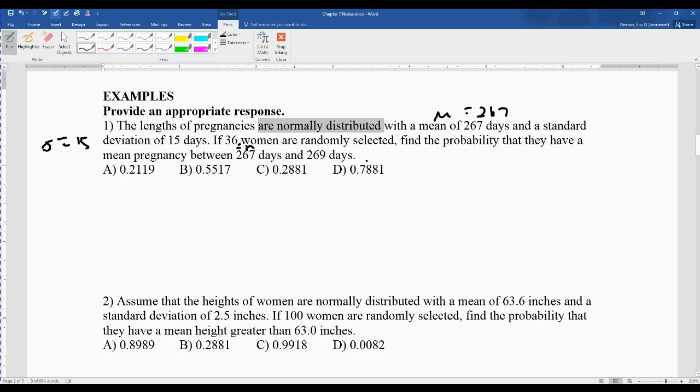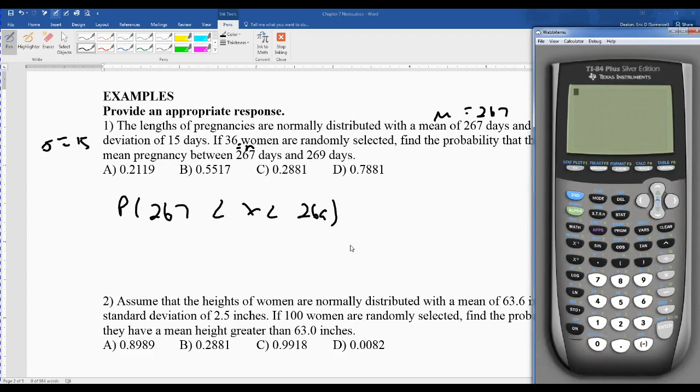Before we would just have a single woman being chosen. Now it's 36 women. We're going to find the probability between 267 and 269. And the way I do this is with z-scores, because all of the probabilities in this class so far use z-scores.